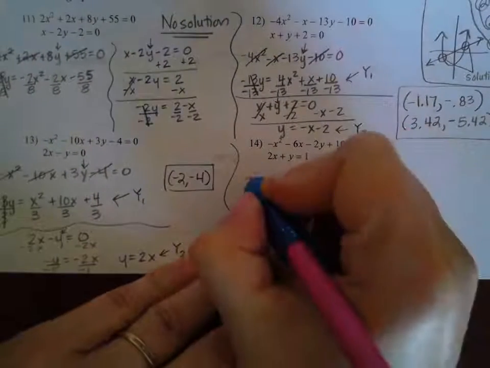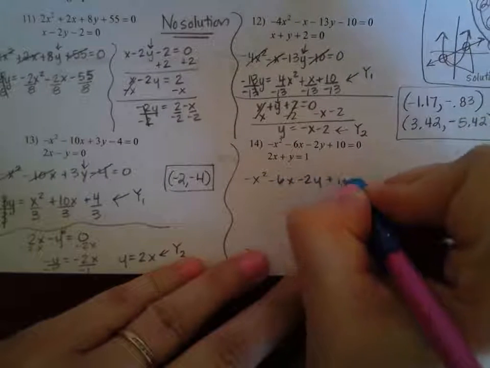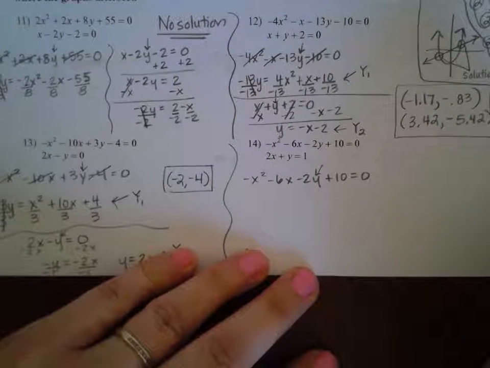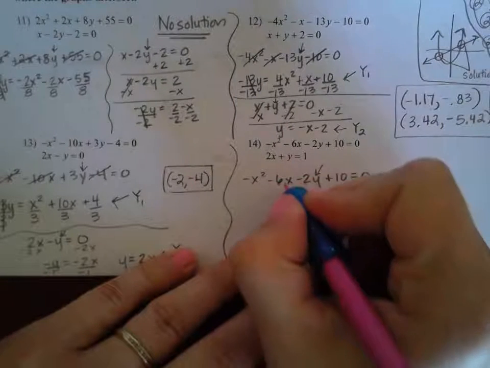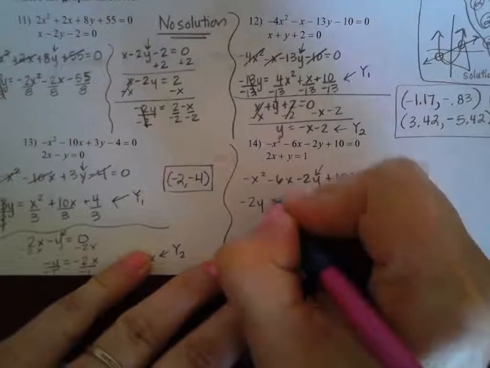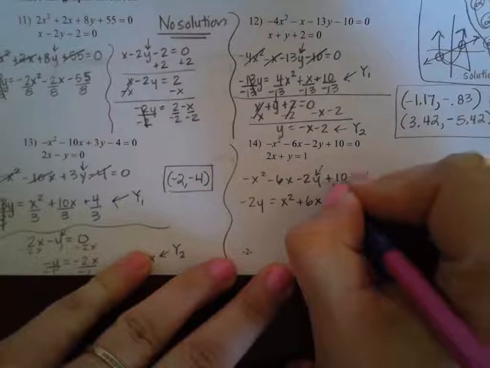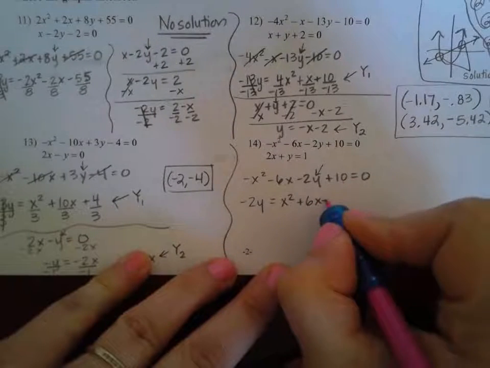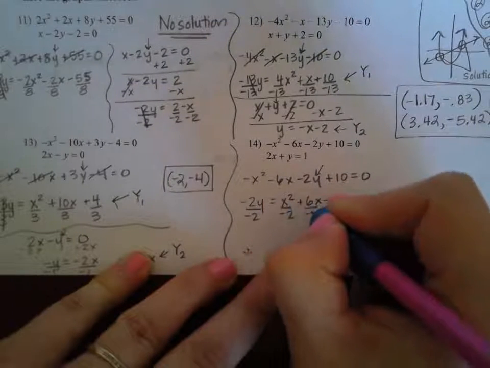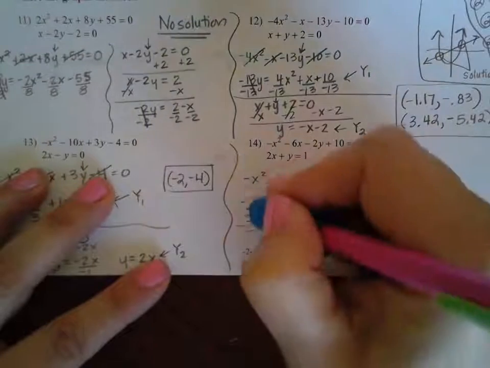Okay, so negative x squared minus 6x minus 2y plus 10 equals 0. We need to get this y all by itself. So you're going to add x squared, add 6x, subtract 10. So negative 2y equals x squared plus 6x. That's a positive 10, so minus 10. And then divide everything by negative 2.